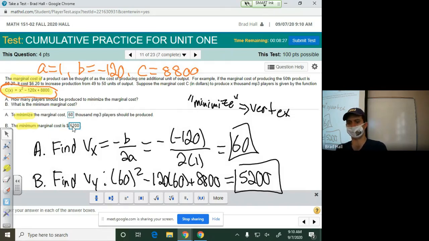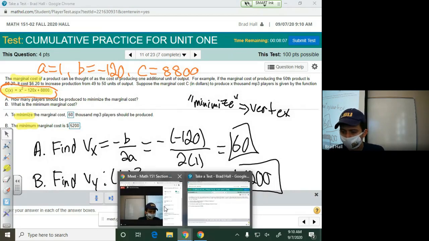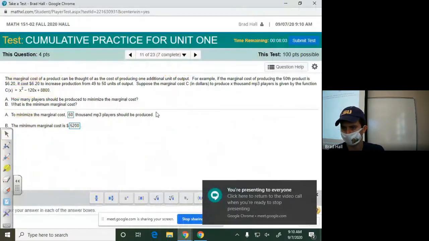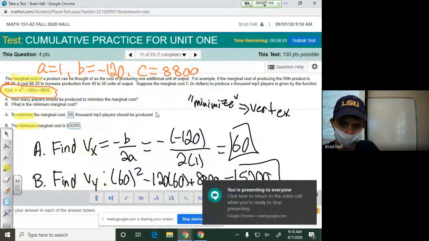Minimize, maximize, minimum, maximum, vertex. Don't let that complicate you. Does anyone have any questions about this one? Not. See if we can find one or two more.